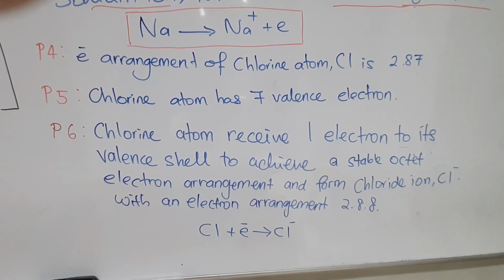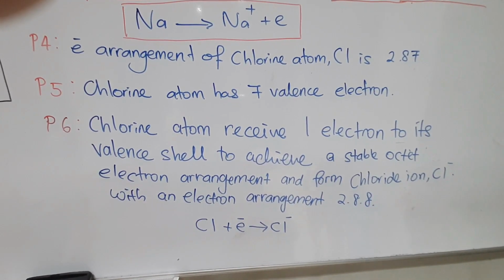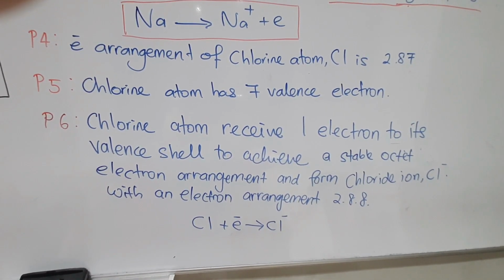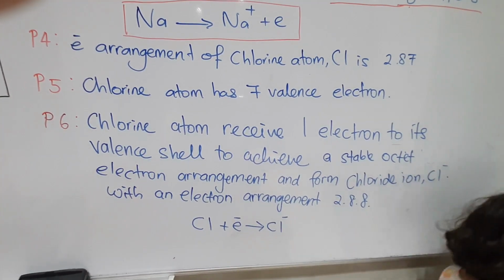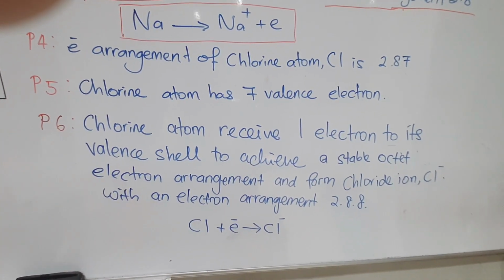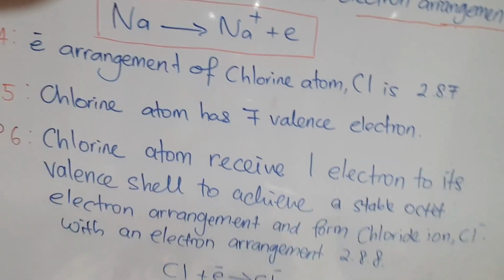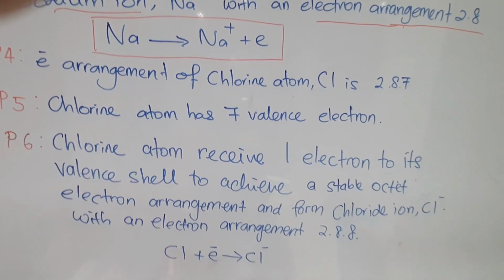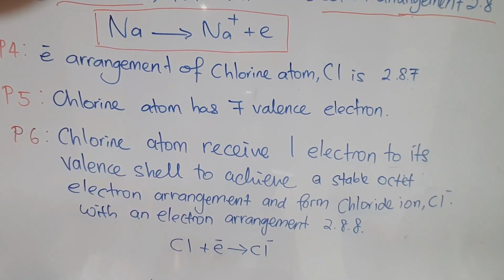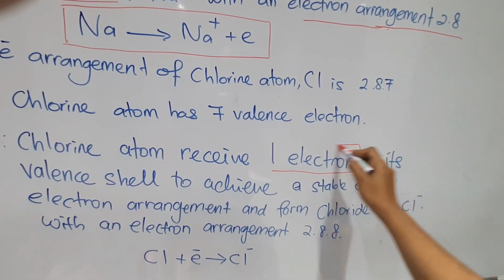Okay, now for the non-metal, chlorine. For chlorine also we will focus on the first 3 pieces of information, similar to sodium. So point 4, you will start with chlorine atom. The electron arrangement of chlorine atom is 2,8,7. Point 5, chlorine atom has 7 valence electrons. Point 6, chlorine atom receives 1 electron.